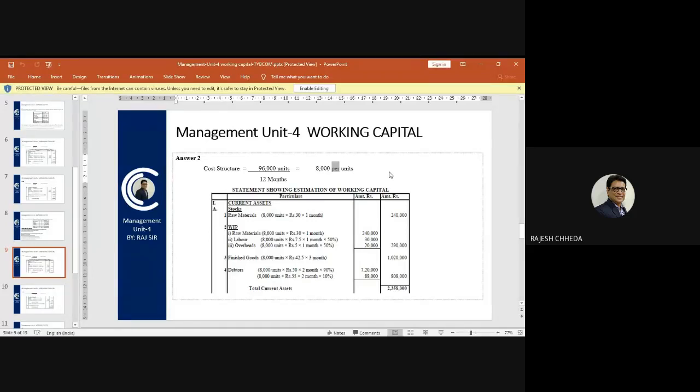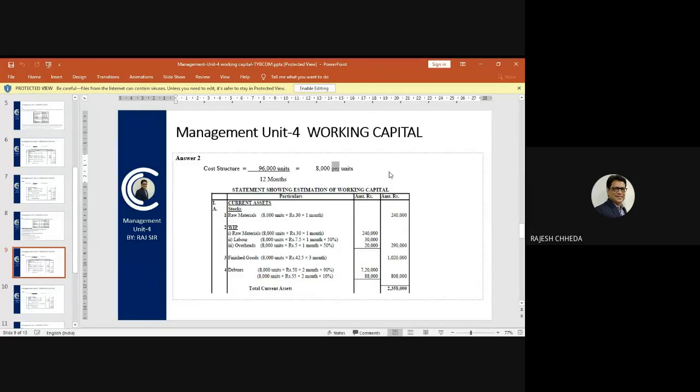I mean, all material, labor, overhead, everything is done, and there is finished goods in my godown, in my showroom. 8,000 into 42.5, that is the cost per unit, and that stock I need to maintain 3 months. So the question says 3 months finished goods you need to maintain.